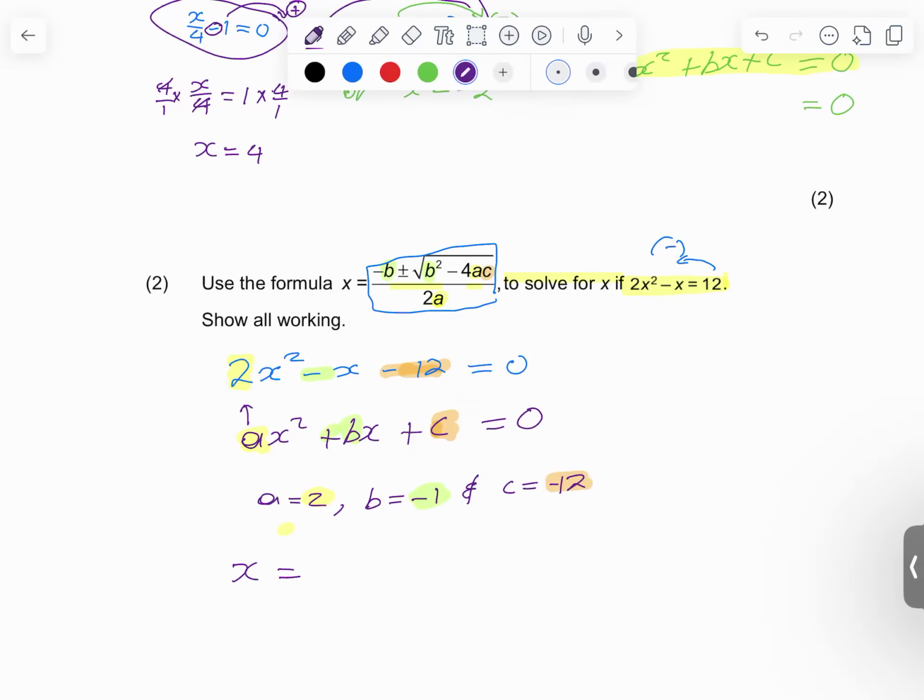When you substitute, you learn this again in grade 8: make sure you put the substituted value in brackets.